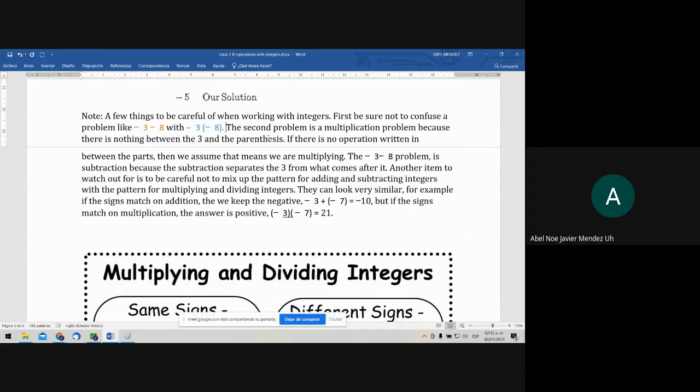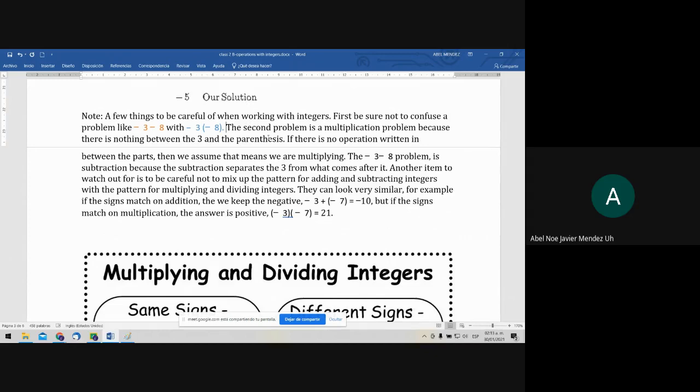If there is no operation written in between the parts, then we assume that we are multiplying.